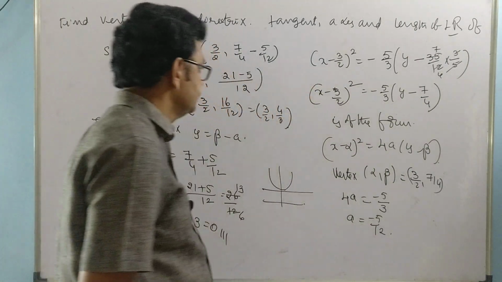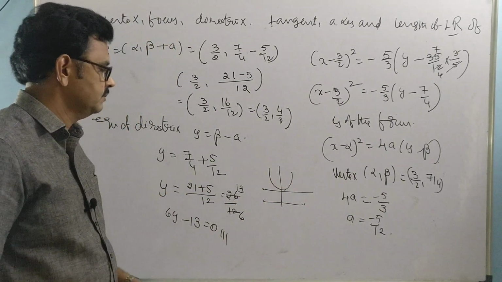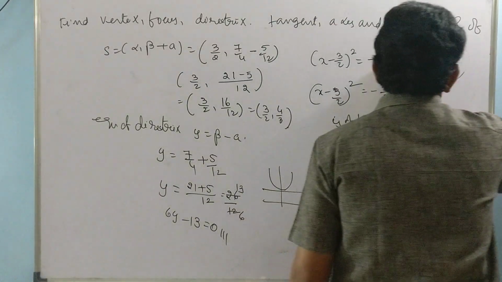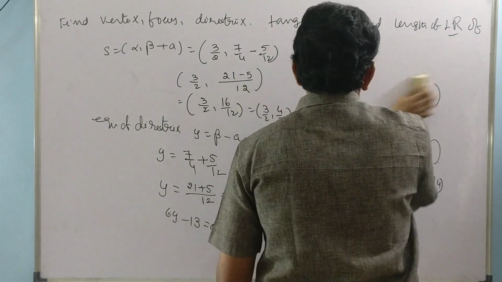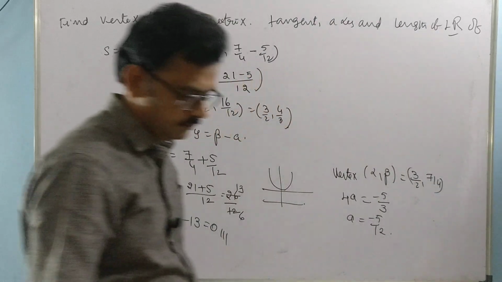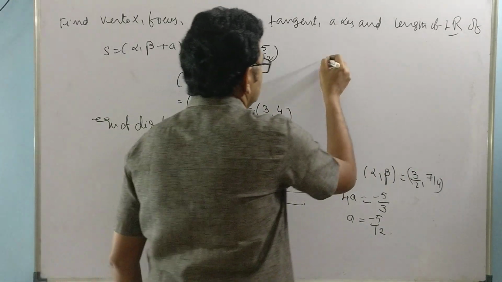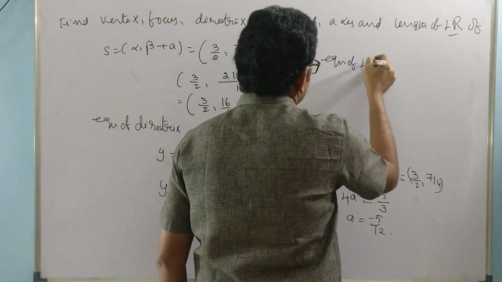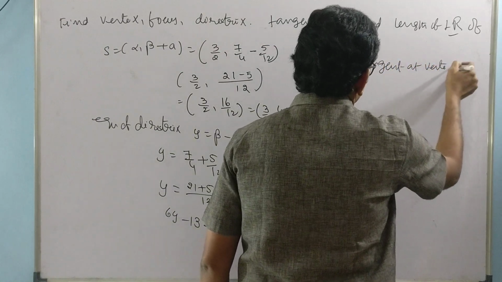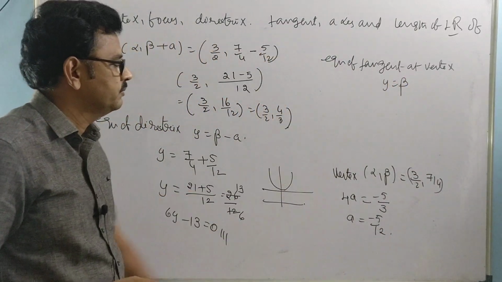Next one, equation of tangent at vertex: y equal to beta, where beta is 7 by 4.